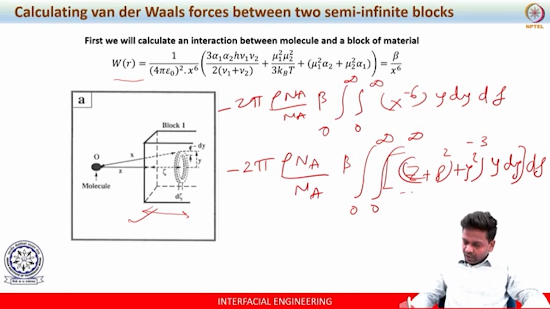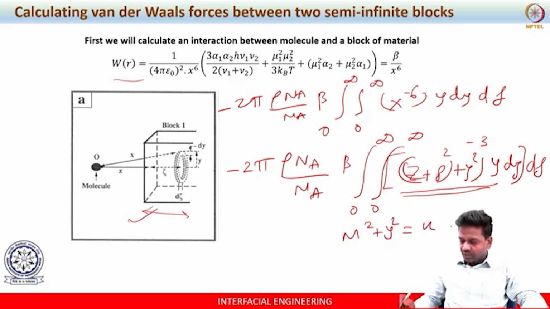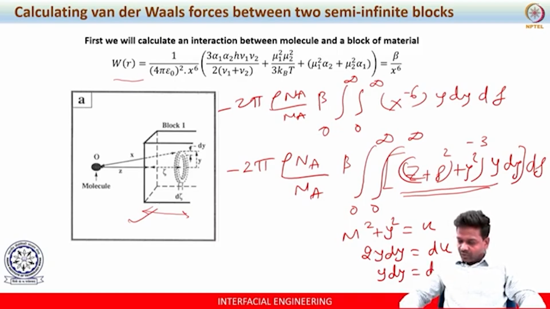By using the substitution method, let us assume z plus zeta as m, and m square plus y square as u. Then 2y dy is du, and y dy is du by 2. Now the integral will go from m square to infinity, instead of 0 to infinity.